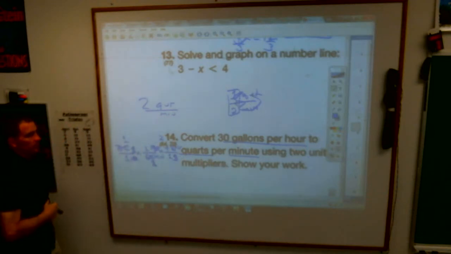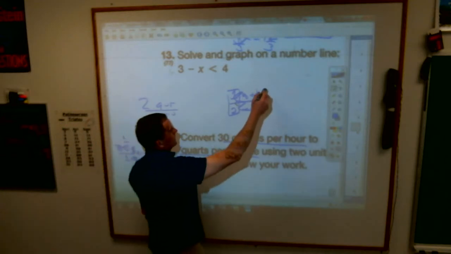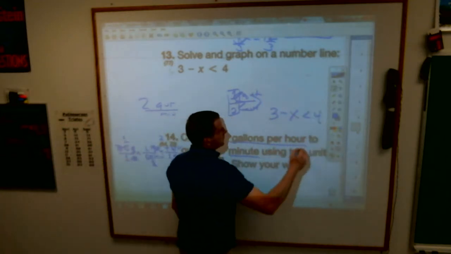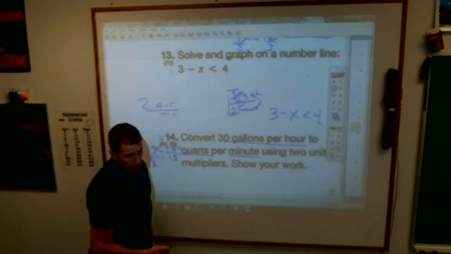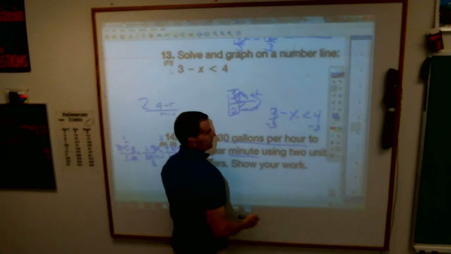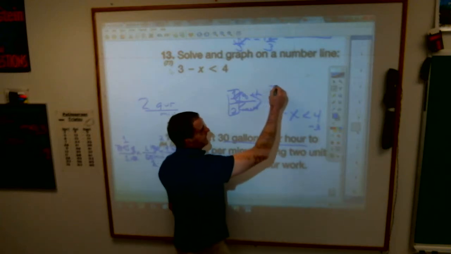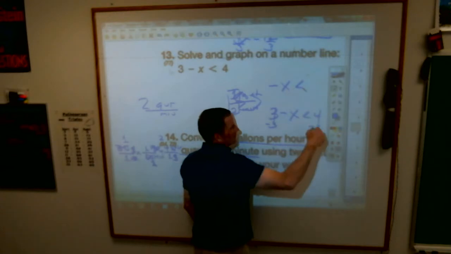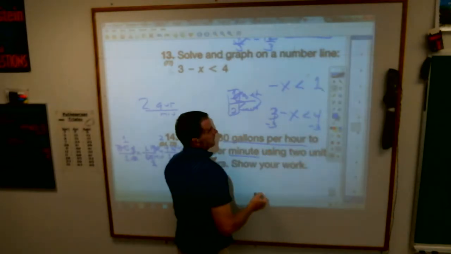How many people got 13 wrong? Because this would be what I'd write on my notes here. Look, I can tell you right now why you got it wrong. 3 minus x is less than 4. To solve that, you should have subtracted 3, yes? Subtracted 3. What are you left with? You are left with negative x is less than 1.